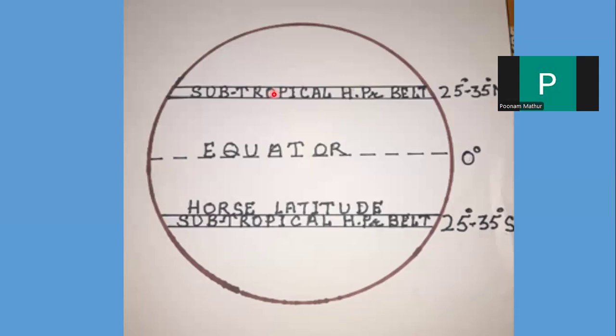And somewhere in the mid sea, at times, they were forced to unload the cargo of horses in order to make the ship lighter and proceed further. That is why the subtropical high pressure belt is also known as the horse latitude.